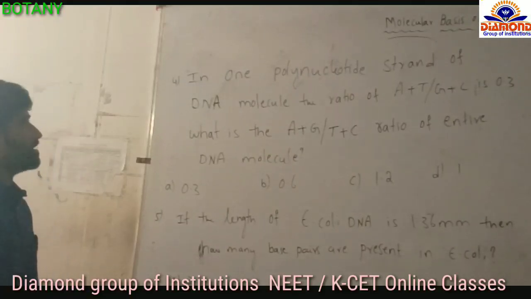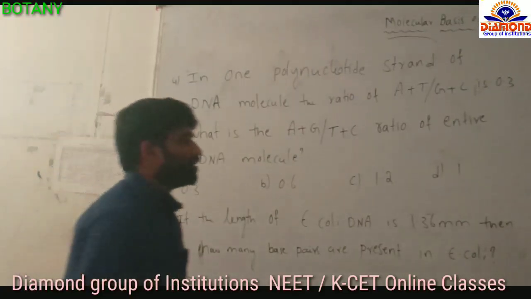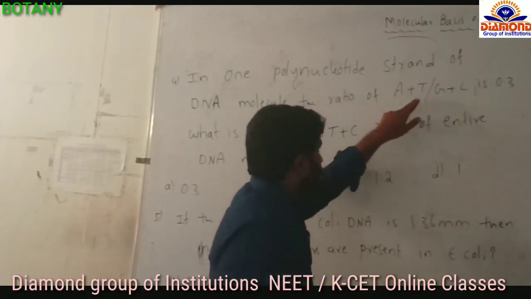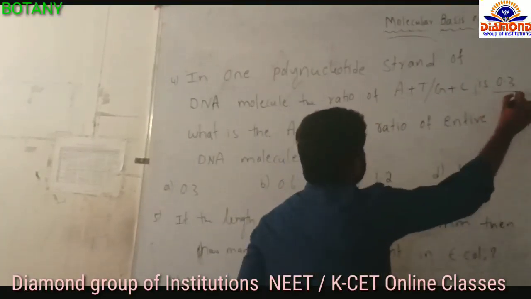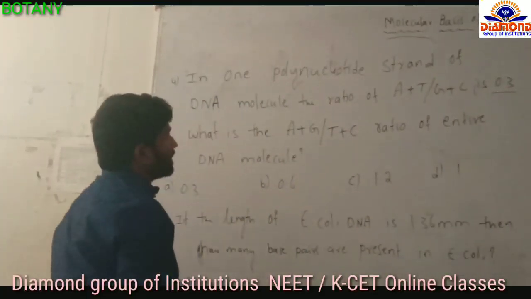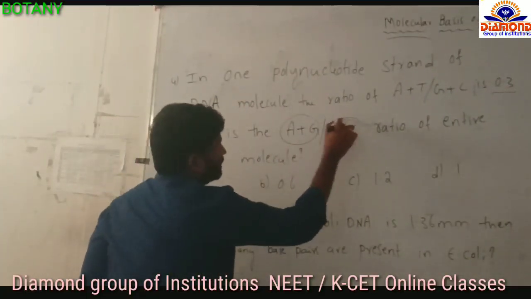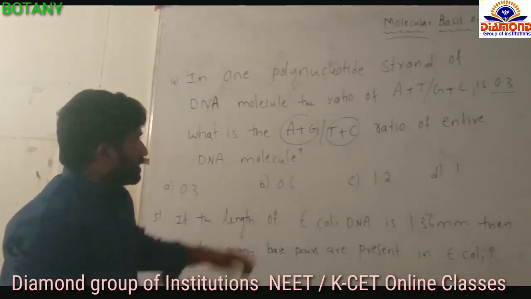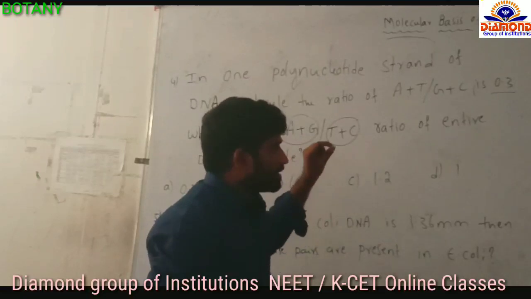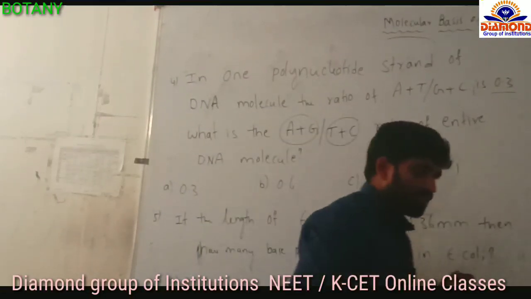The question is given as a polynucleotide chain. The ratio of adenine plus thymine to guanine plus cytosine is 0.3, and we have to estimate the ratio of adenine plus guanine to thymine plus cytosine. Here there is nothing to explain, it's simple and direct.